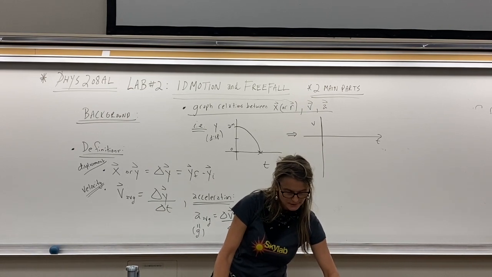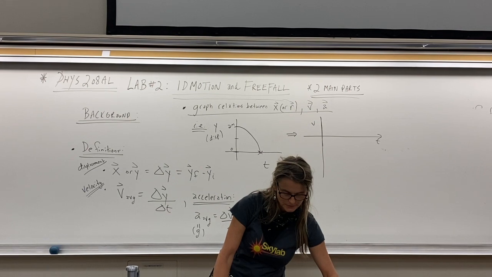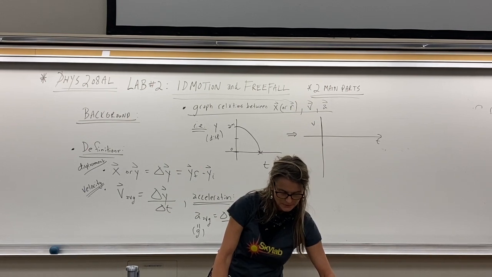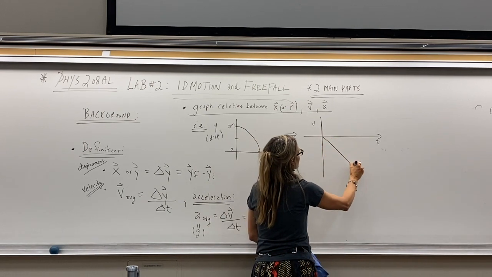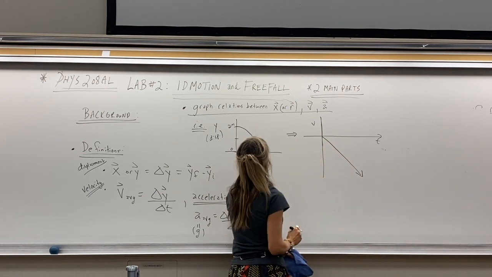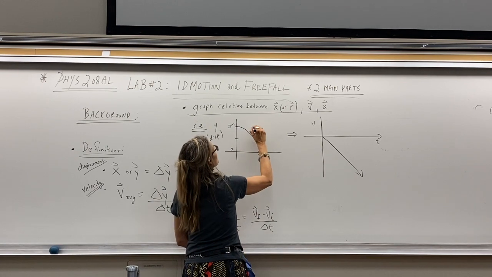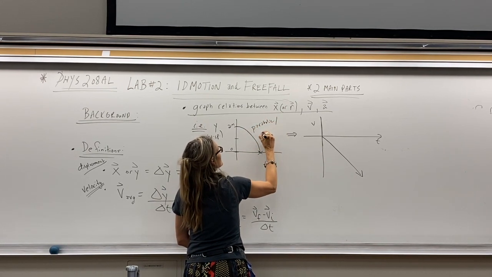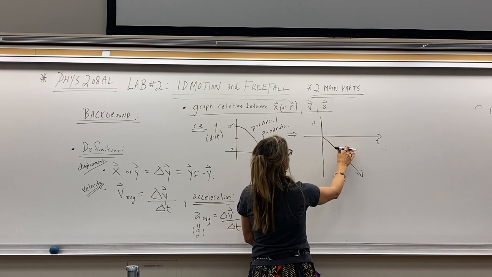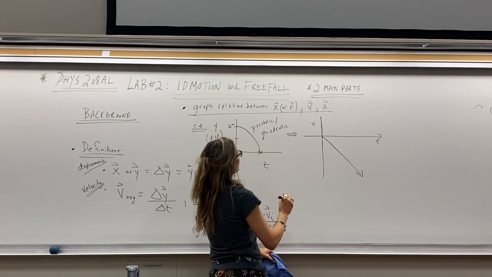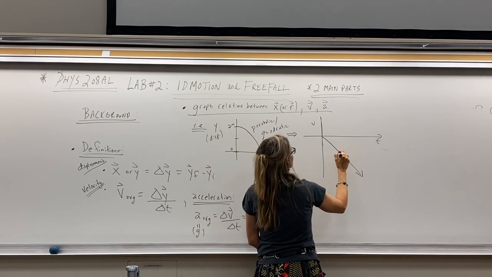So this would be parabolic or quadratic. And then here we have a v versus t, a velocity graph, where this is linear.